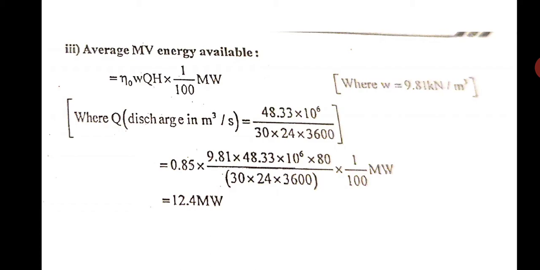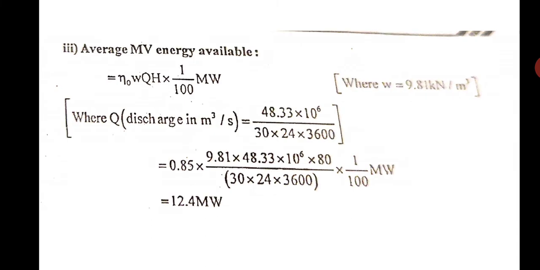So 3600 into 24 into 30 in the denominator, and the numerator is 48.33, that is the mean discharge, where million means we have multiplied with 10 raised to 6. This will be the discharge in meter cube per second.